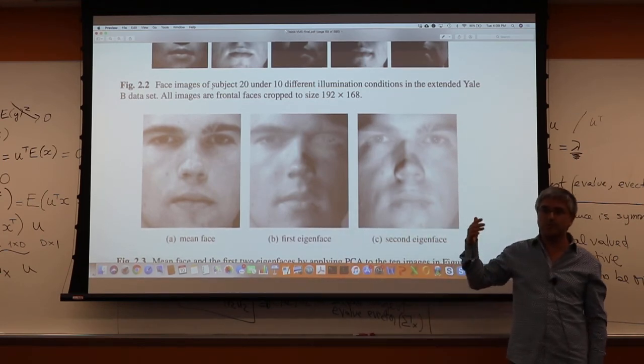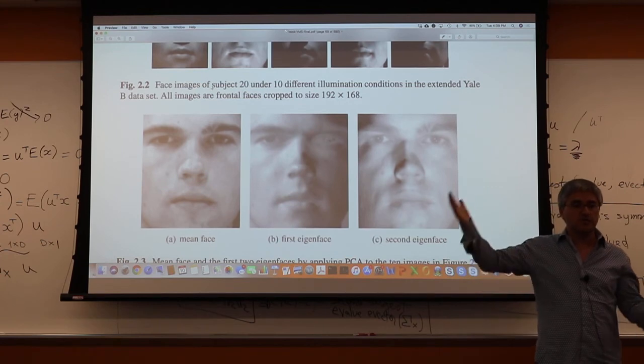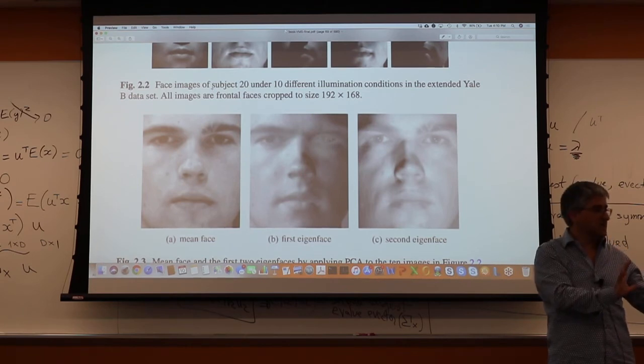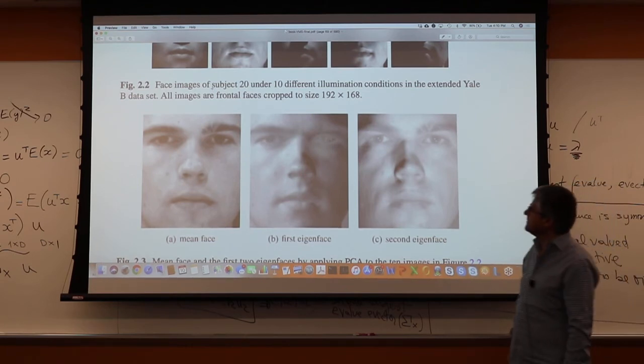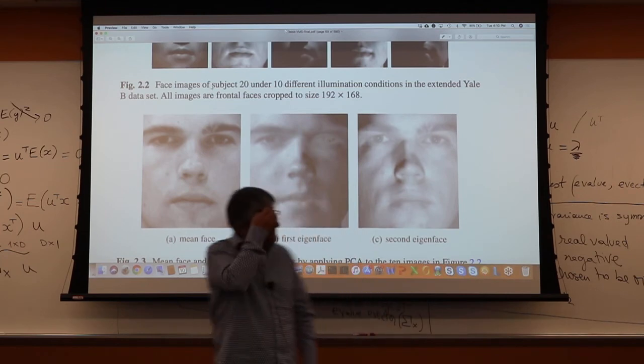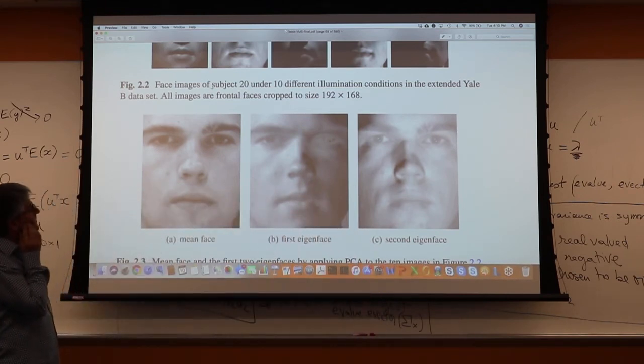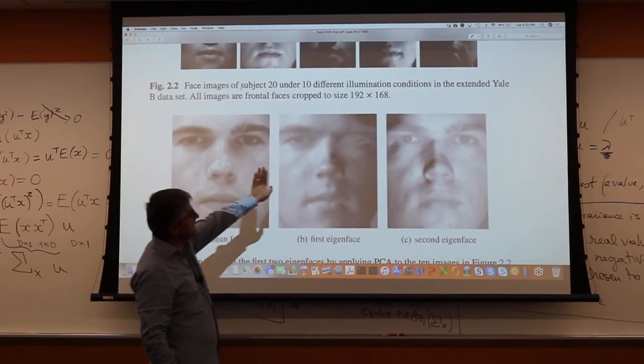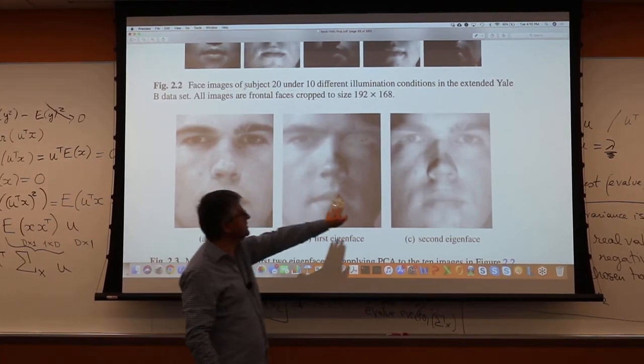So I repeat, what's the procedure to apply PCA to images? You take images, you vectorize them, you apply PCA, and then you unvectorize them and put them back into images again. So what does it look like? Well, it looks a little bit perhaps that there is more light in here than there is in there. Do you see that?